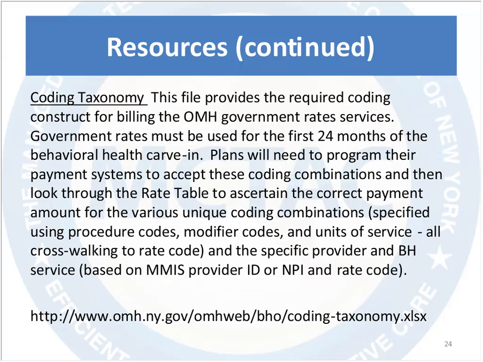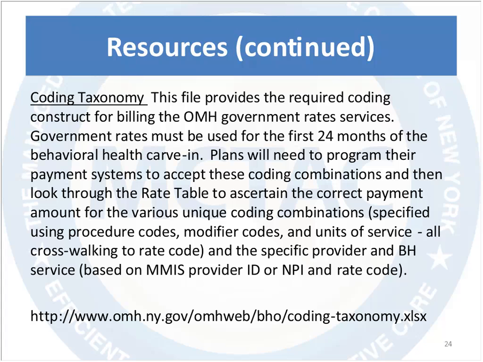Another piece that you'll want to take a look at is the coding taxonomy. This gives you the required coding constructs for billing the OMH governmental rates. As we talked about before, you'll be billing those rates for the first 24 months of the behavioral health services. The plans will need to program their system to accept these code combinations and then look through the rate table to ascertain the correct payment amounts for the various combinations.